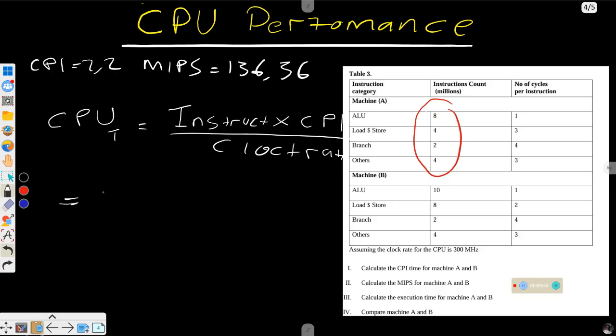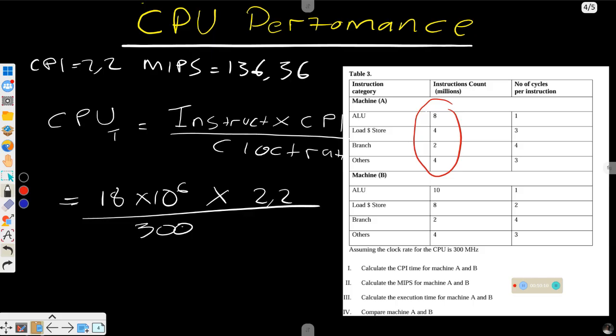Therefore, since it's 18, it will be 18. Instruction is in millions, right? Which is times 10 to the power 6, times your CPI. Your CPI is 2.2, all this over your clock rate, which is 300 megahertz, times 10 to the power 6.